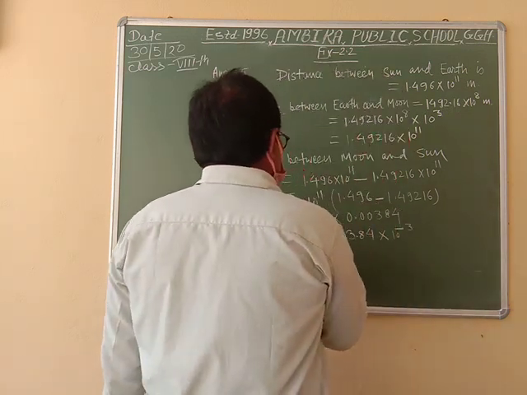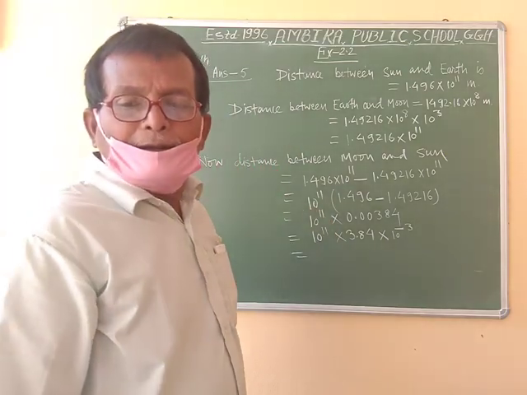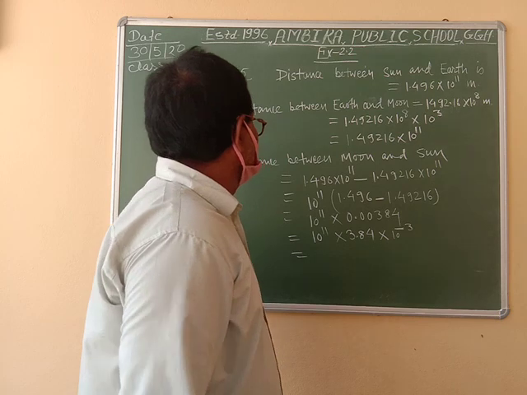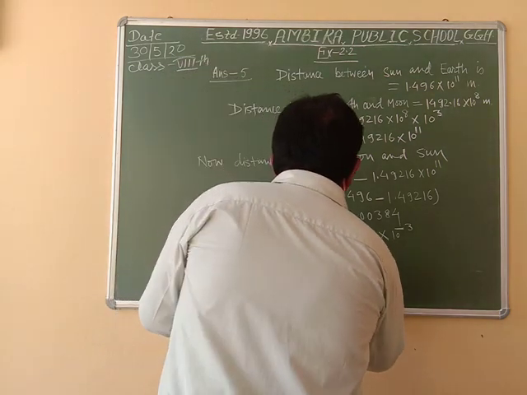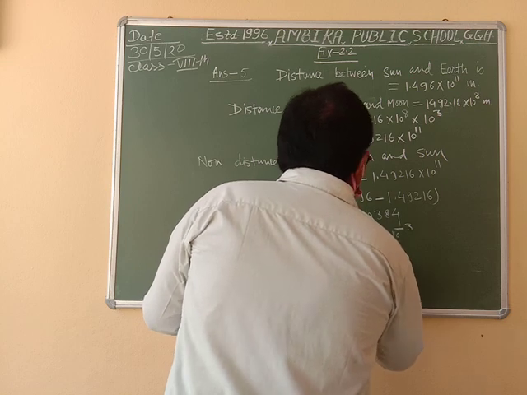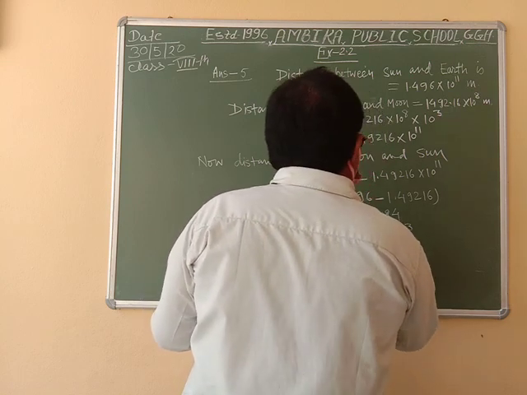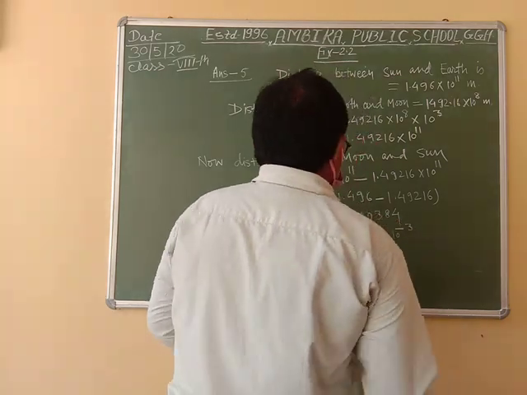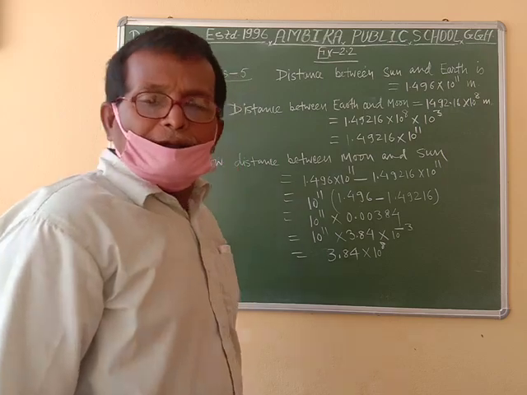So it is 3.84 into 10 to the power 11 minus 3, which is equal to 10 to the power 8.